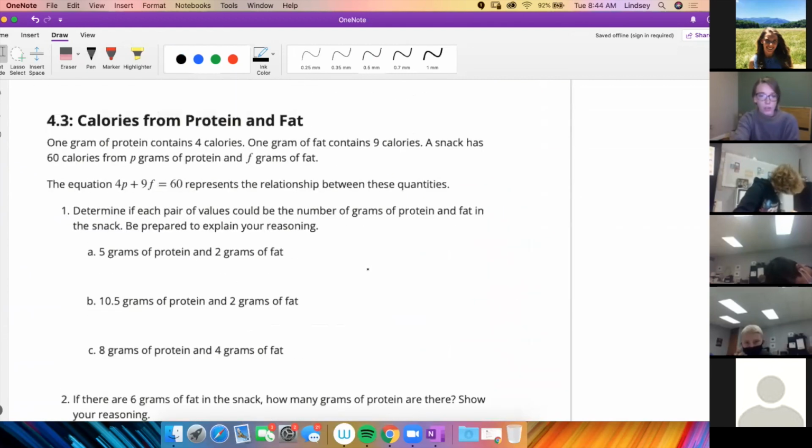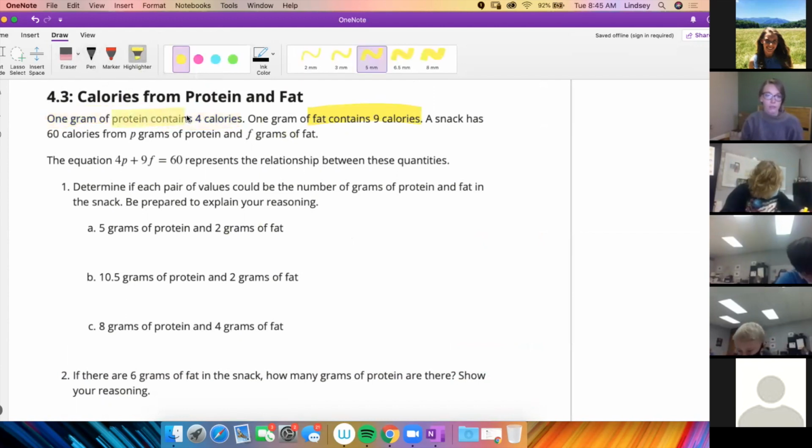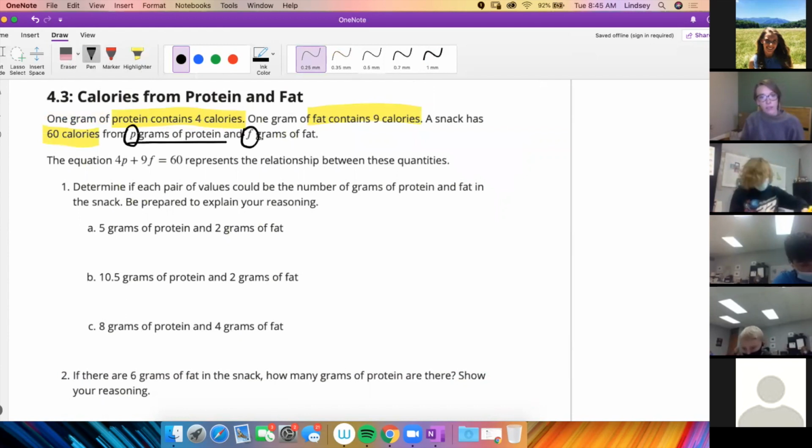All right, so we're gonna do this part and then we'll take a break. It says 1 gram of protein contains 4 calories. 1 gram of fat contains 9 calories. A snack has 60 calories, where P stands for grams of protein and F is grams of fat.